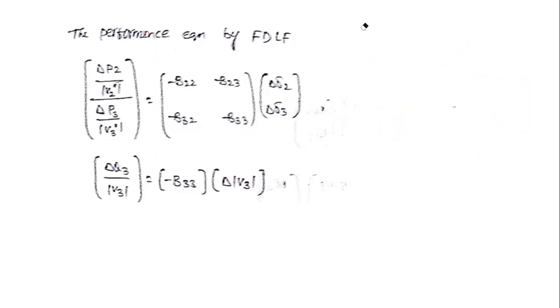This is the formula for performing the fast decoupled load flow solutions. By using this formula, we are calculating the voltages and also the power angles, that is the delta.